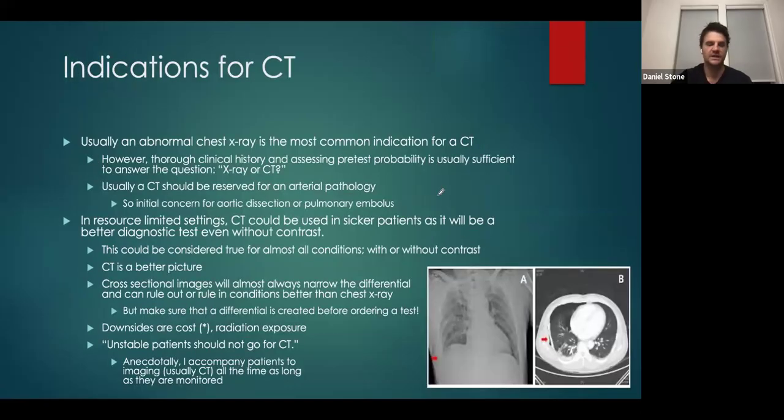Indications for a CT really depend on the clinical context, but it's important to remember that CTs have more diagnostic sensitivity for certain conditions. The bottom right is an example of a patient who had a very subtle blunt trauma injury and a very subtle pneumothorax that was otherwise missed on the x-ray but was seen on a CT scan.